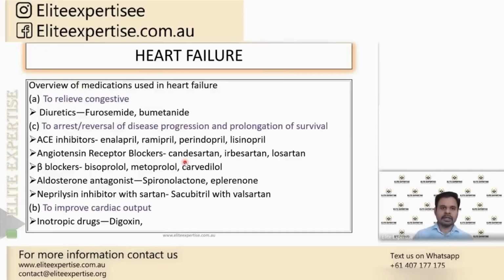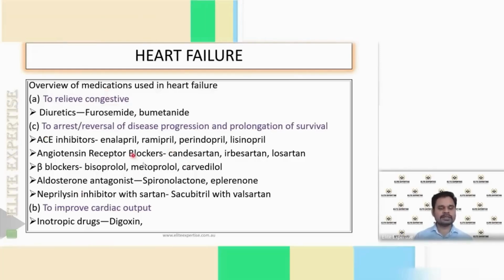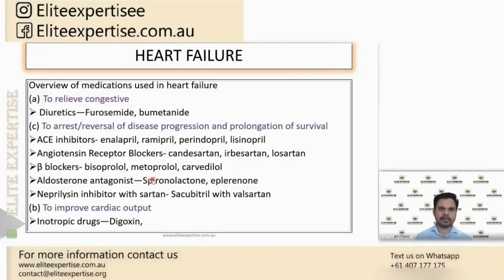This is an overall classification of the drugs that can be used for the management of heart failure. The goals that we saw in the previous slide, we can achieve through these medications. To relieve the congestion means to remove the excess fluid from the body.